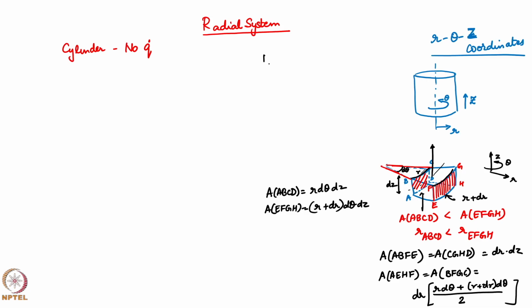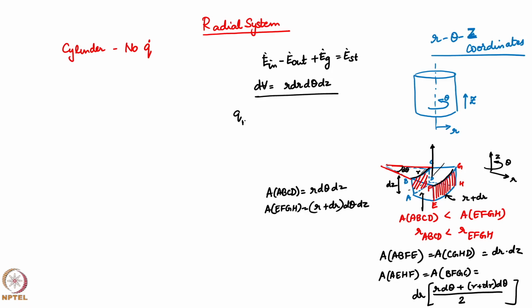Then you go back and write E dot in minus E dot out plus E dot generated is equal to E dot stored. dV for this control volume is r dr d theta dz. This is standard.